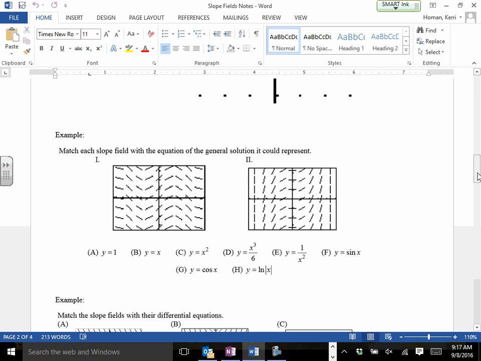Here I have two slope fields, and I want the equation of the general solution that it could represent. So what are we comparing if we're looking for the general solution? I think the easiest one to talk about is number 2. Which one of these equations would be a general solution for number 2?